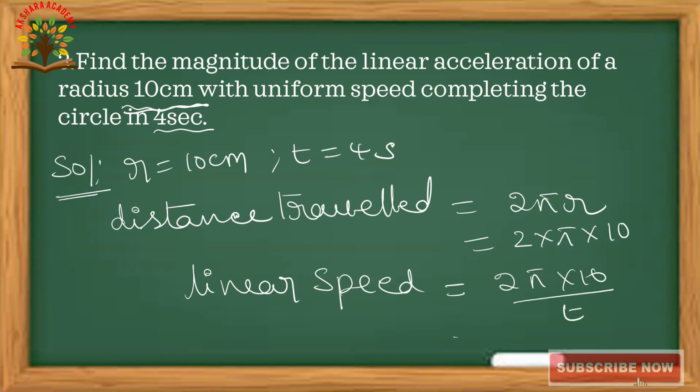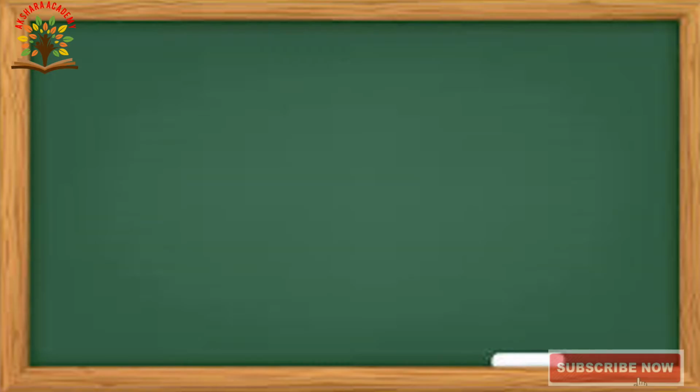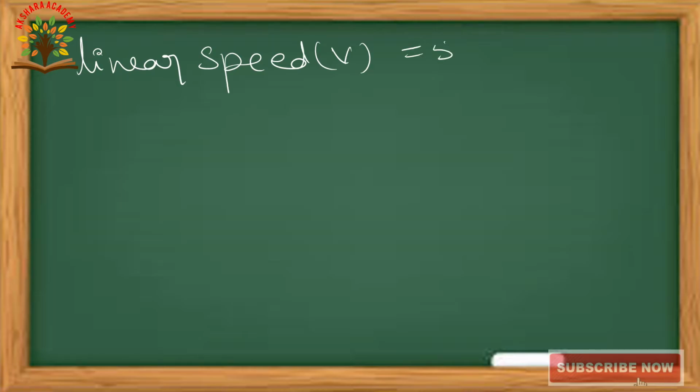Substituting 4, 2 into 10 by 4, 2 ones are 2, 2 twos are 4, 2 fives are 10. So linear speed v is equal to 5 pi centimeter per second.